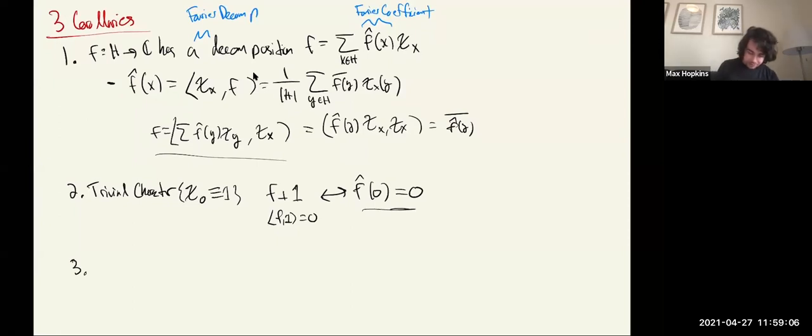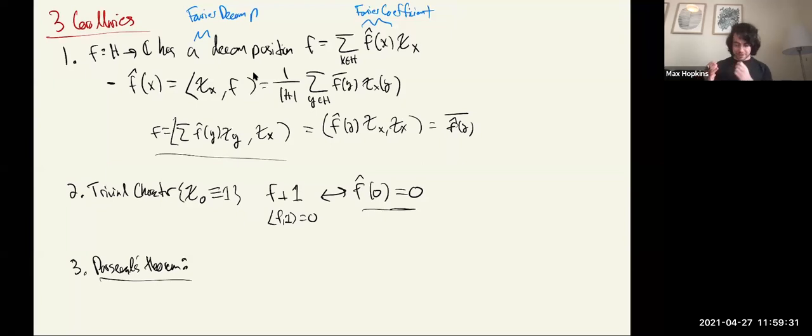Okay, the third thing that we'll need to know is called Parseval's theorem. This is basically just a way to translate between f in the original basis and functions in the Fourier basis when you're inside an inner product. And because the things that we're looking at currently are basically a bunch of inner products, this will be very useful to us.